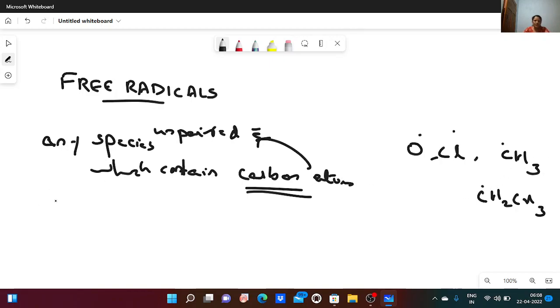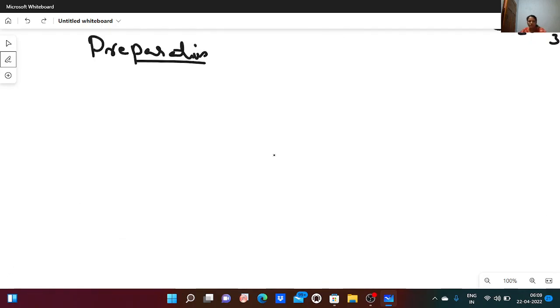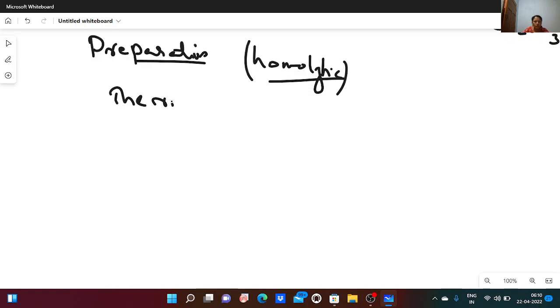Okay, so come to the preparation. How will you prepare a free radical? First definition, then example, after that we have preparation. You know that free radicals are prepared by homolytic fission. Already we have discussed this in bond fission. By homolytic cleavage, free radicals are produced, and the energy source will be either thermal or photochemical.